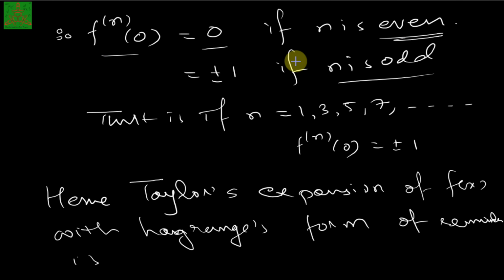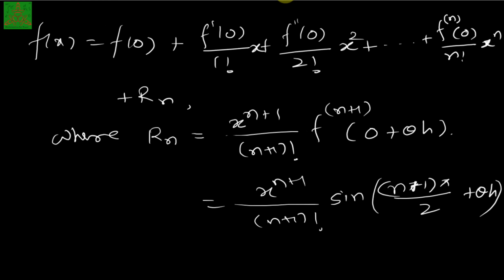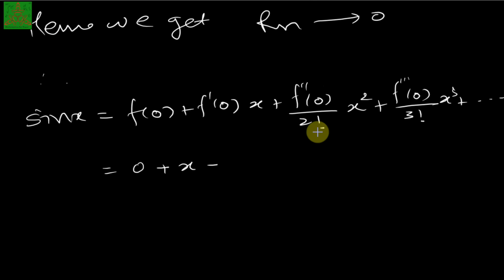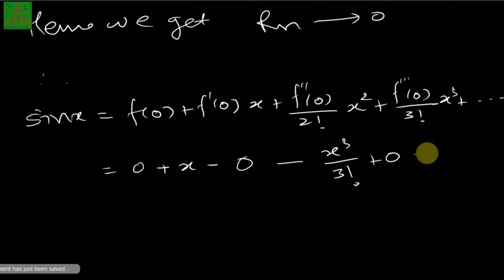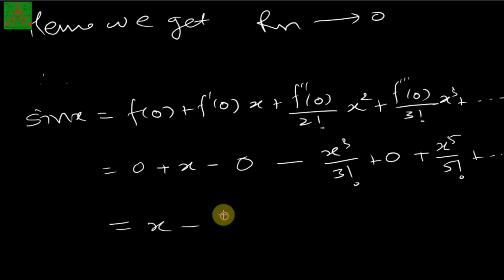So first time it is plus and then it is minus. If I use that here, then this term becomes 0. So it is 0 minus x^3 by 3 factorial plus 0 plus x^5 by 5 factorial and so on. So finally the series for sine by the Taylor series is this.